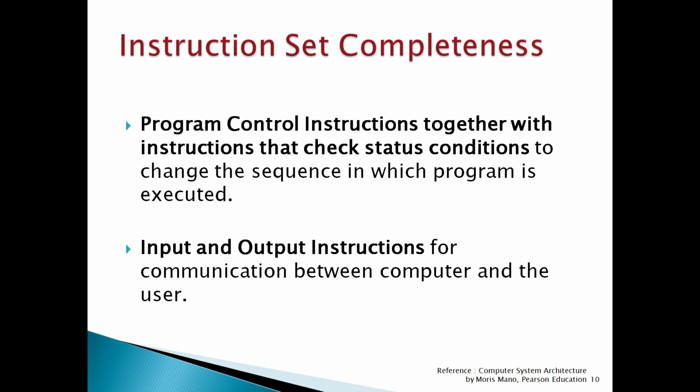Just like in high level language we have if condition, else if condition, right? Similar instructions must be there. Then we go for input and output instructions. That is very essential to communicate between the computer and the user. The processing will be of no use if the output cannot be communicated properly to the user, and if it cannot take input from the user.